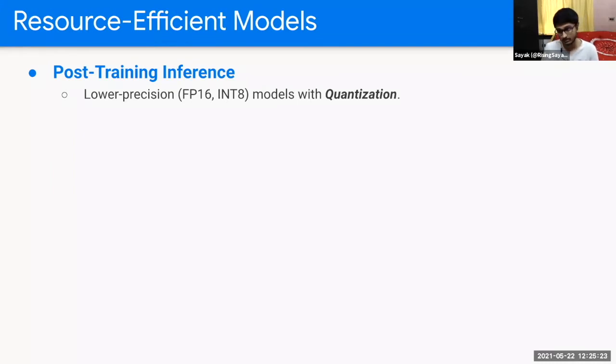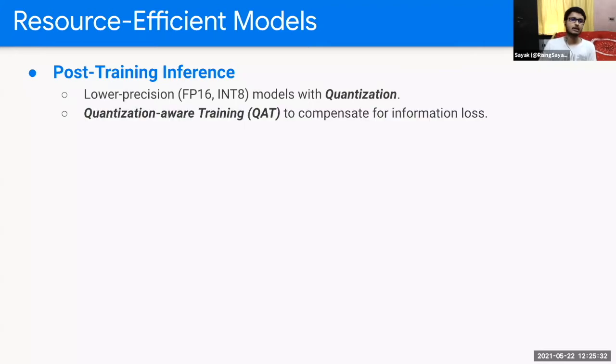But performance can also take a hit, because if we lower the precision of neural networks, the parameters might miss out on expressibility, right? To compensate for the fact that post training quantization, or having your neural network parameters expressed in a lower precision format, might induce some kind of information loss, quantization aware training can help to compensate for that information loss.